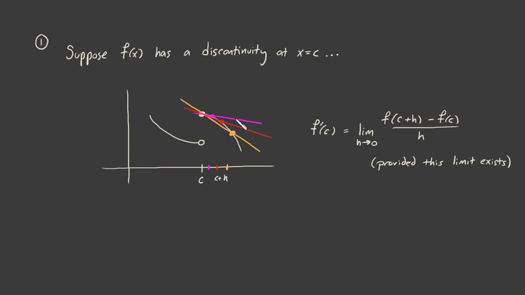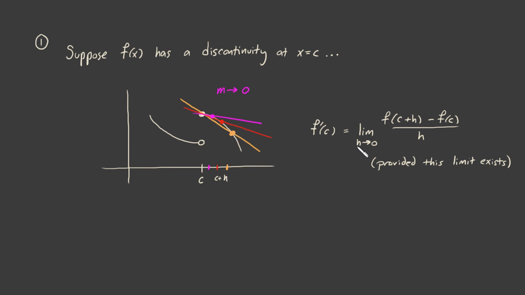The derivative, of course, is the limiting slopes of these secant lines, which looks like it might be just about horizontal there by the time we get here. So again, as h is positive and we're looking at these points here to the right of c, it looks like my slopes are approaching maybe 0, maybe something a little bit bigger than 0.